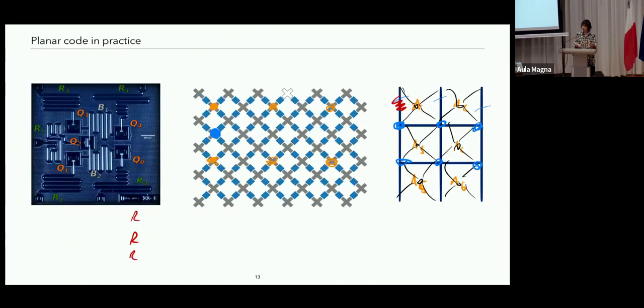For each row, you draw a new vertex, and then for each column, which are qubits, you draw another kind of vertex, and then you connect a check and a qubit if they are contained in each other.